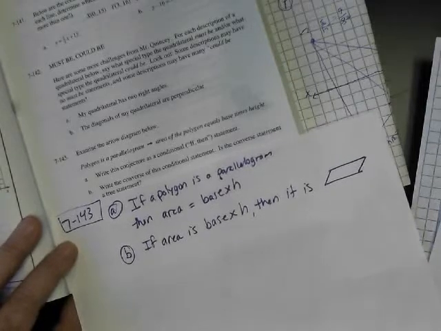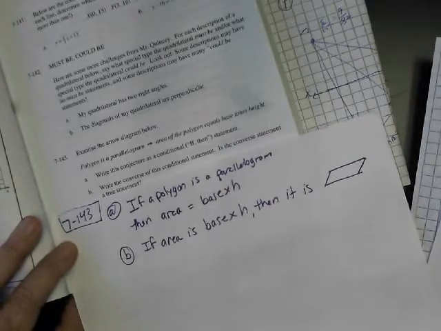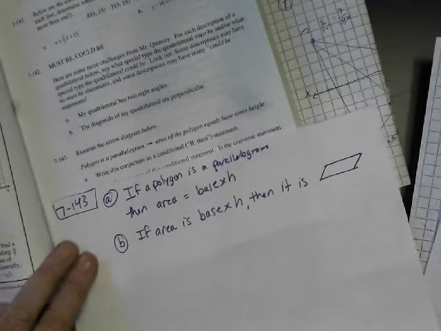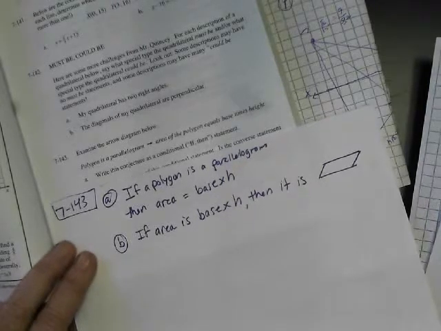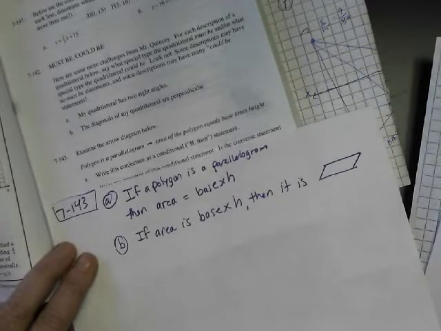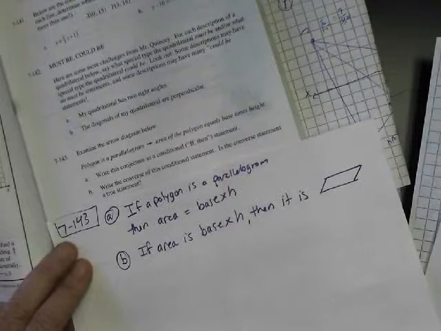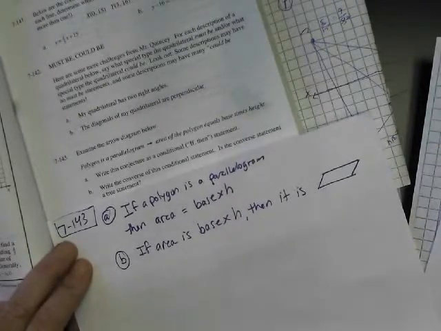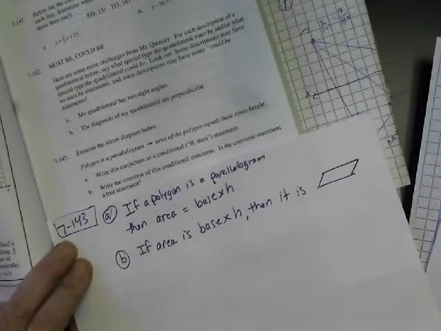Okay, so the first part, but you still have to write this because it says write the converse. So that's the converse. If the area of the polygon is base times height, then it is a parallelogram. And then you're going to say, is it true? Well, no, it doesn't have to be true, right?